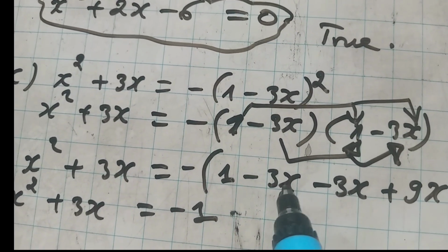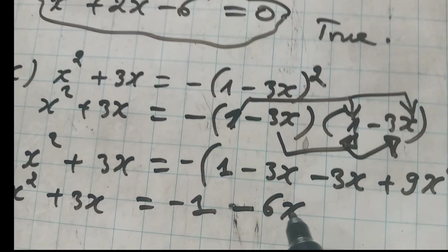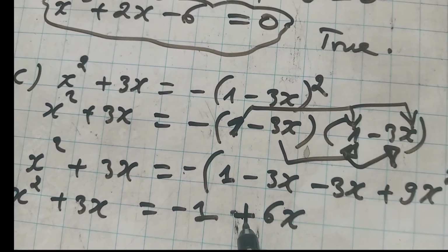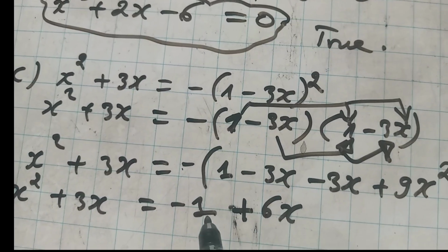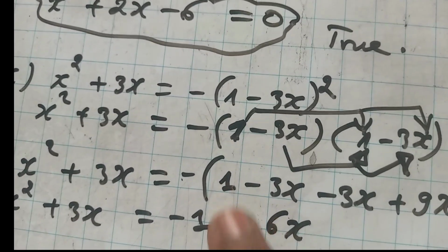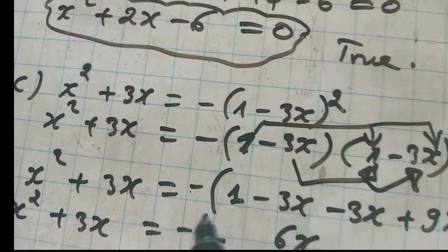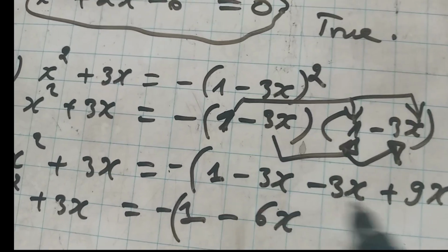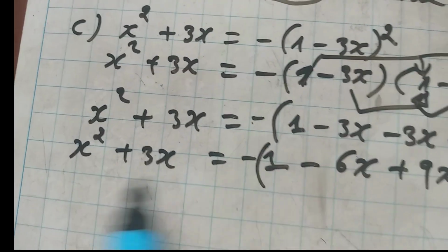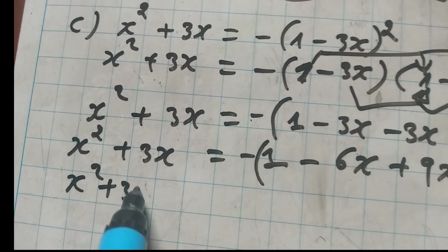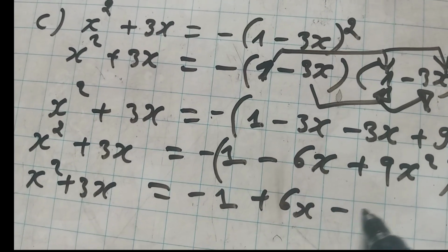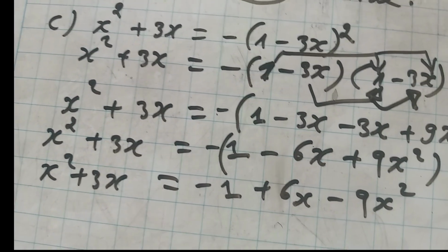Let me do all steps. Here we have negative, bracket 1 minus 6x plus 9x squared. Then I have to use this negative to have x squared plus 3x equal to negative 1 plus 6x minus 9x squared, right?